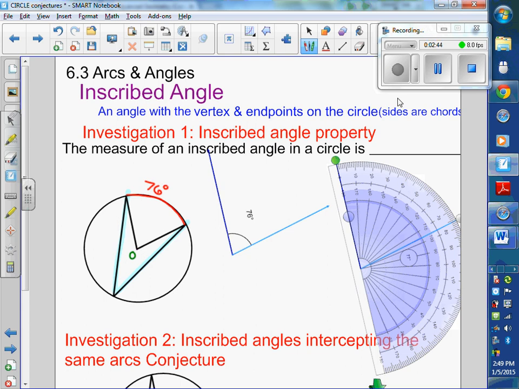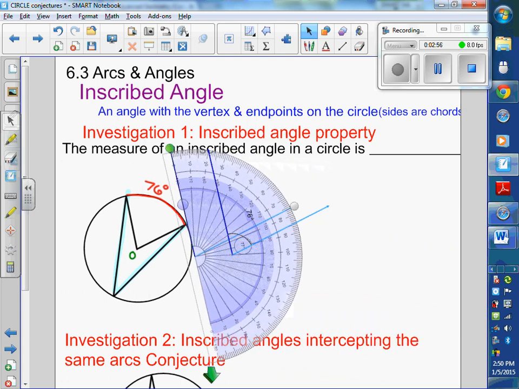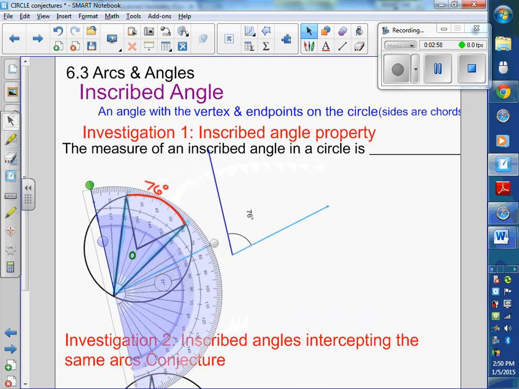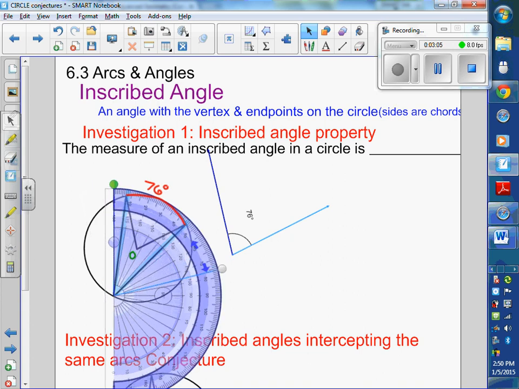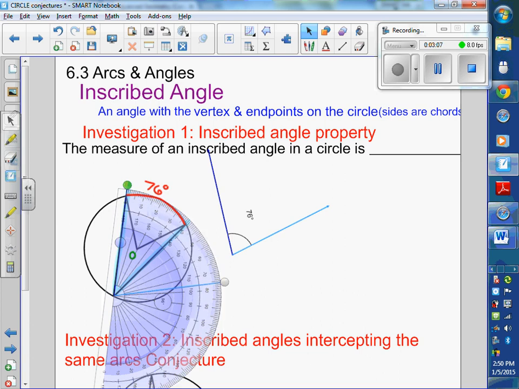Because from the previous unit, the central angle is the same measure as the intercepted arc. So now we're going to look at the inscribed angle. We're going to look down here at this inscribed angle and move the protractor to measure it, and see what we get here.